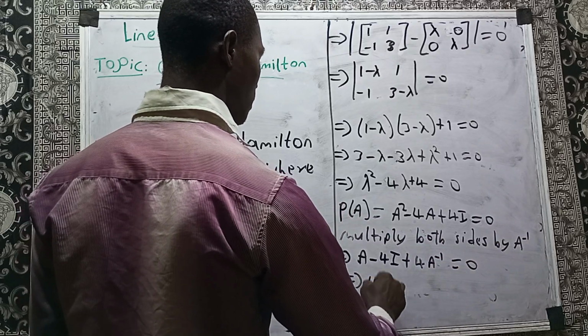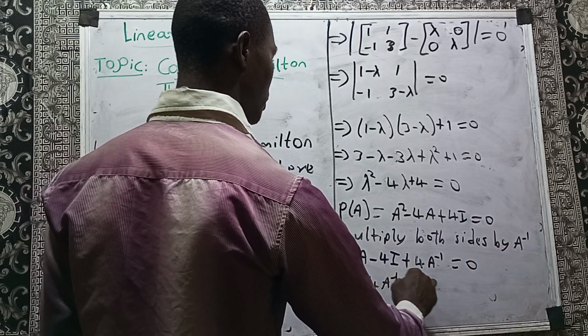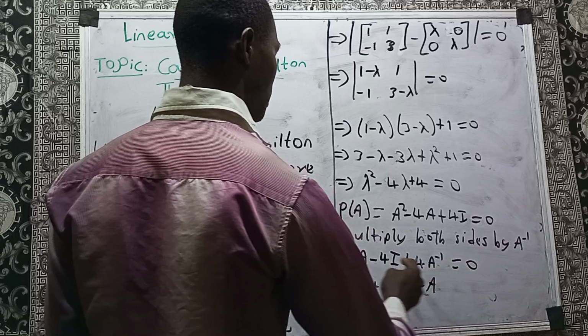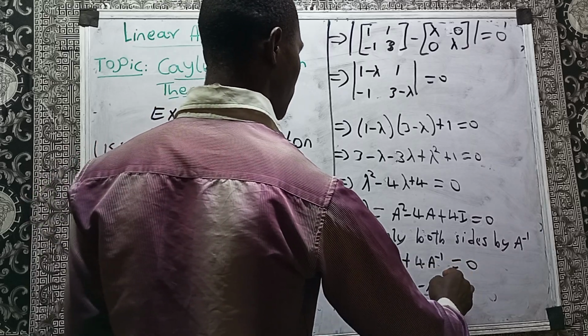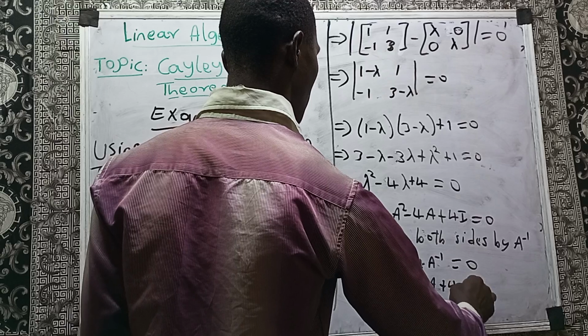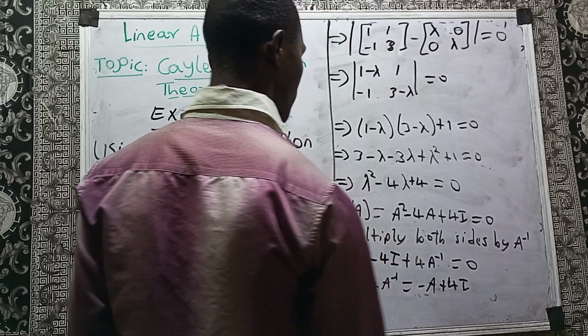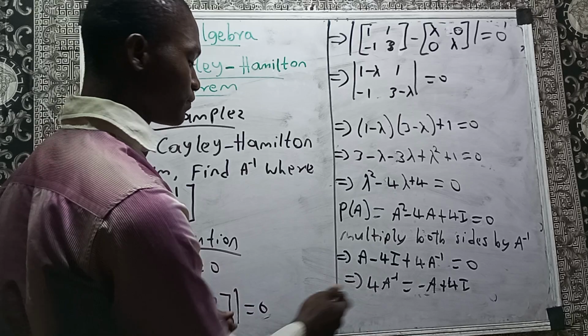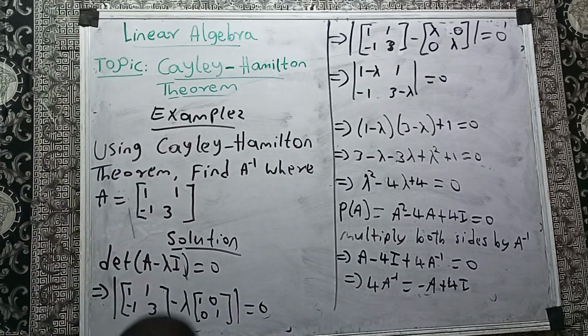This implies 4A inverse will be equal to, move this to the right, have negative A, move this to the right, have positive 4i, right?